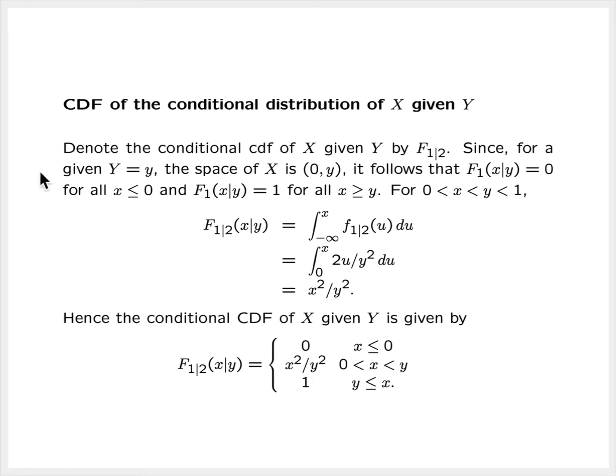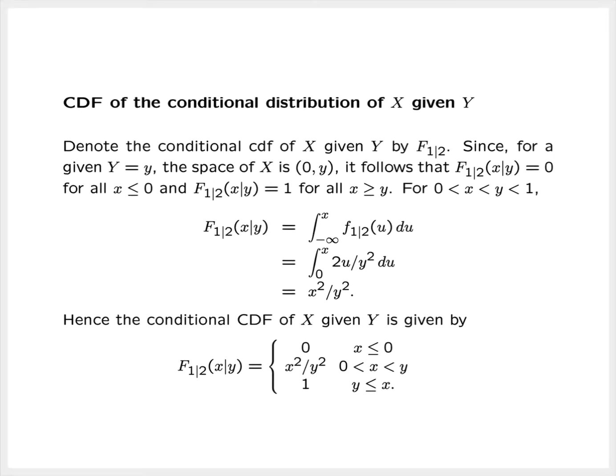Now, since for a given value of y in the unit interval, the space of x, again, is the interval from 0 up to y, it follows that the conditional CDF of x given y, which, remember, the CDF is a probability accumulator, and if we evaluate that CDF, I notice that I have a little bit of a typo here. This should be 1 given 2. Let me correct that.